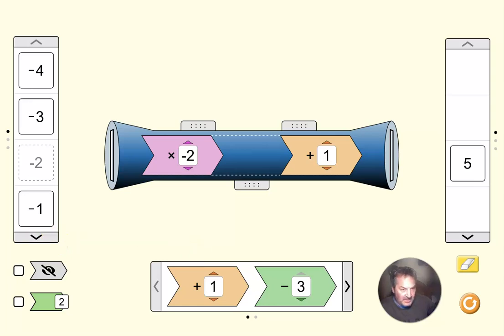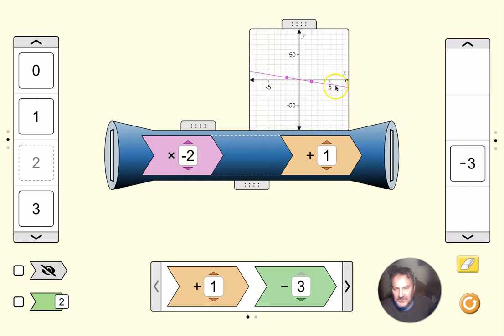Now, if we bring in a 2, let's see what that does. 2 times negative 2 is negative 4, plus 1 is negative 3. So that is the output there. And then if we look at the graph, sure enough, we have those 2 points.